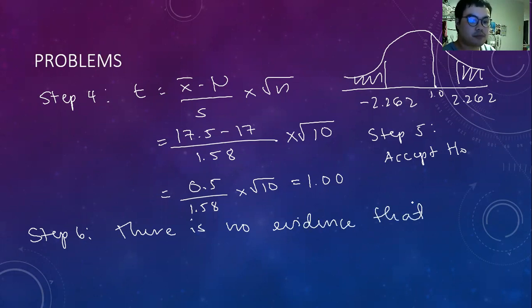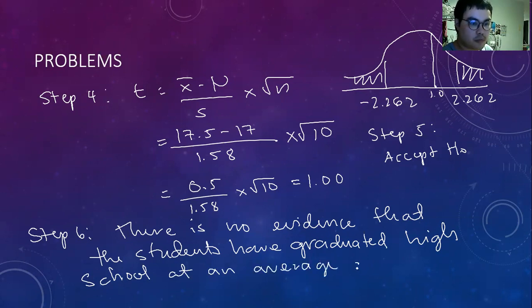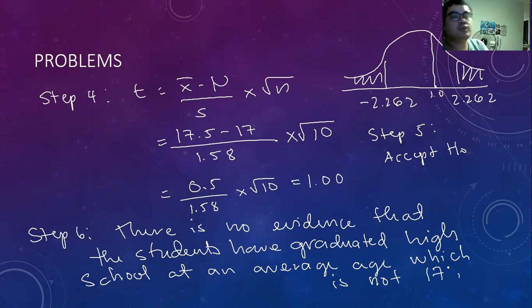In step 6, there is no evidence that the students have graduated high school at an average age which is not 17.